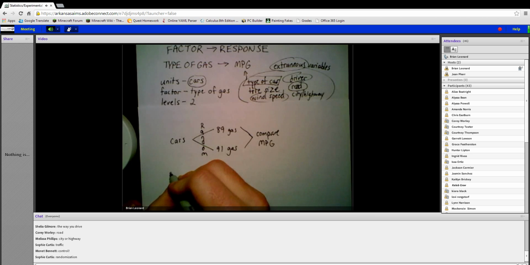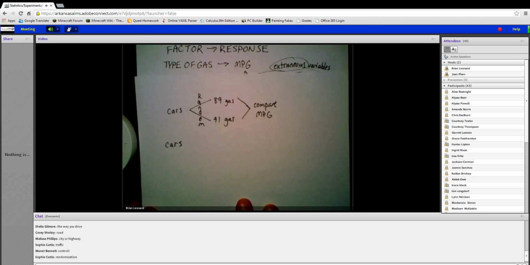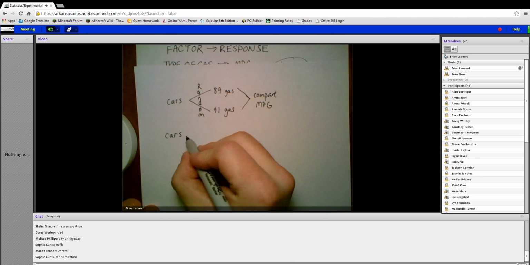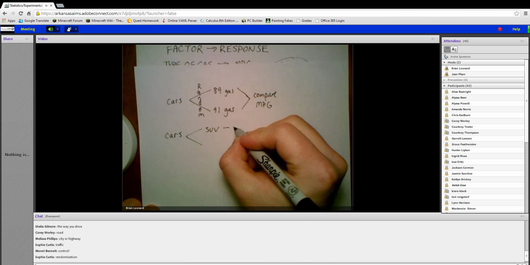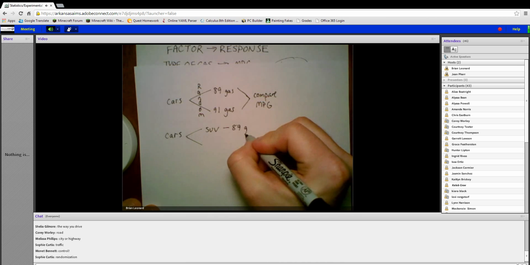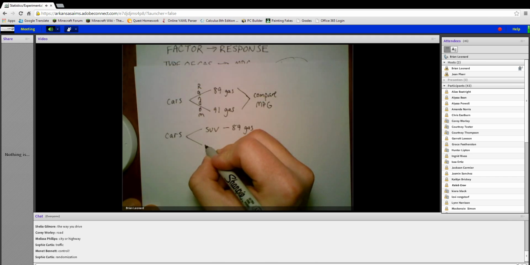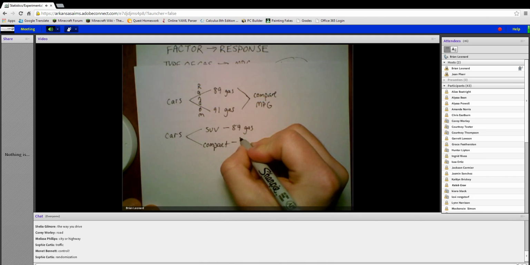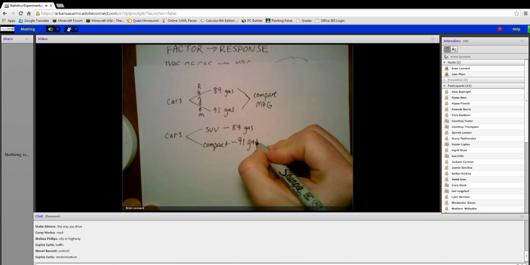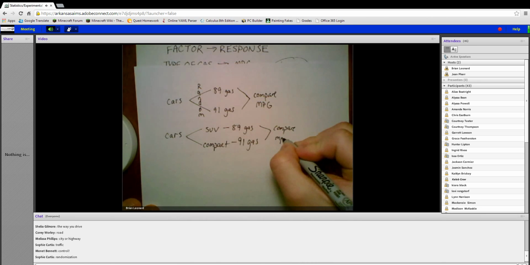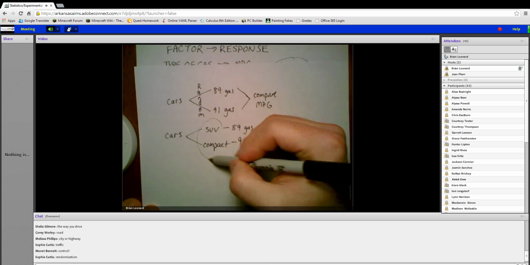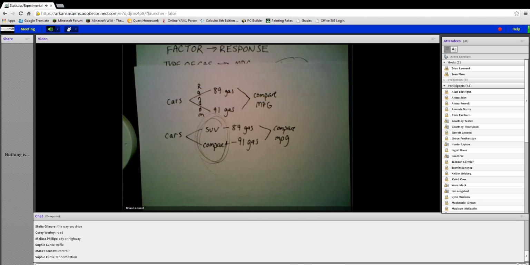So let's say I have all the SUVs use 89 gas, and I have all the compact cars do 91 gas. And then we're going to compare the miles per gallon. Oh boy, now we got a big issue.